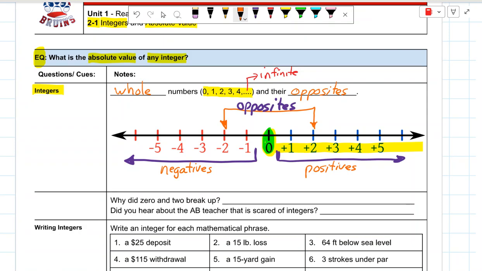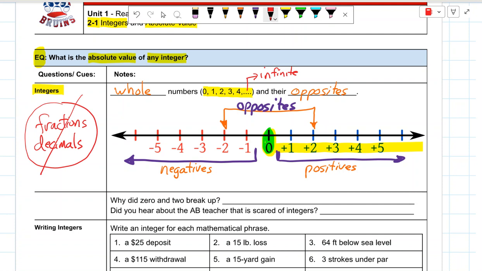Here are a couple of numbers that are not integers. Write down the word fractions, and also write down the word decimals. These two items right here are not integers. Integers are only the whole numbers and their opposites, including 0.